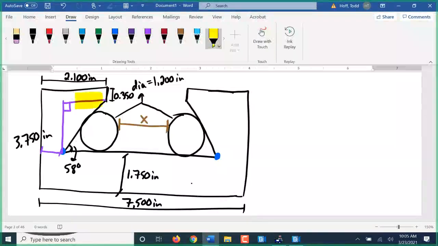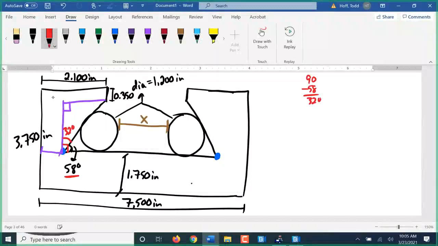This is a horizontal dimension. This is a vertical dimension, so I'm using that concept. I can find this angle because it has to be the complement of the 58 degrees. This is a right angle here. So 90 minus 58 gives us 32 degrees. So this is 32 degrees.